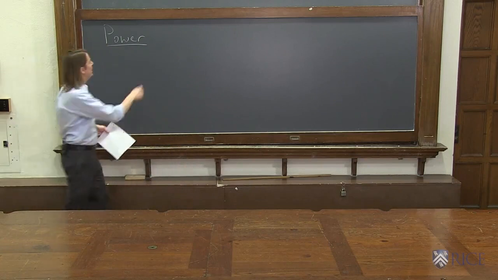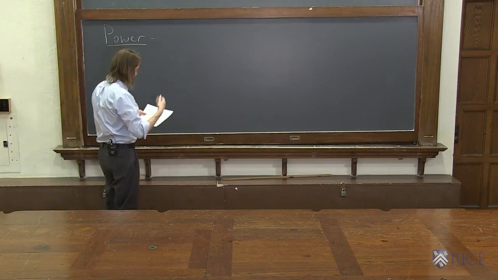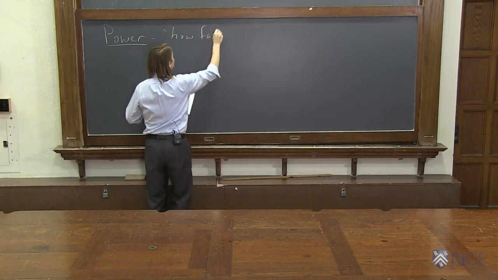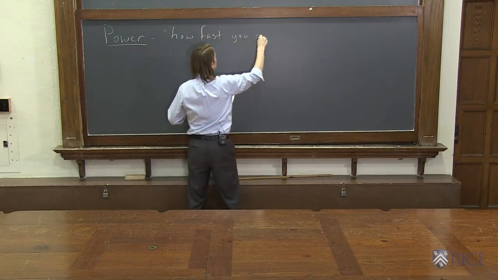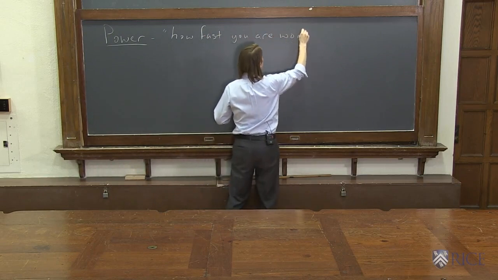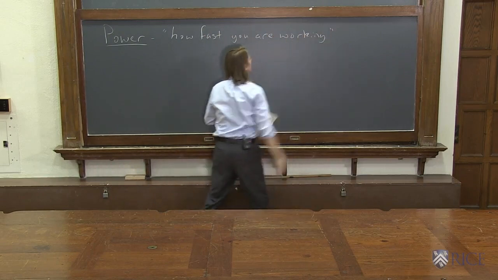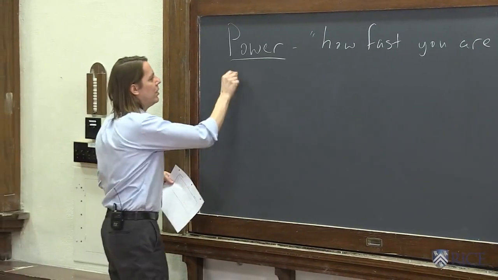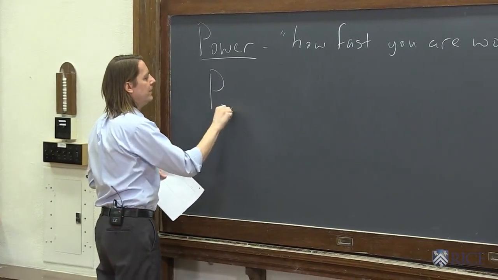And if I had to give my street, or perhaps swamp, definition of power, it is how fast you are working. It is really just the time rate of change of work. So let's look at a few definitions.